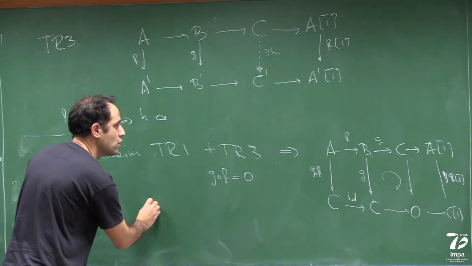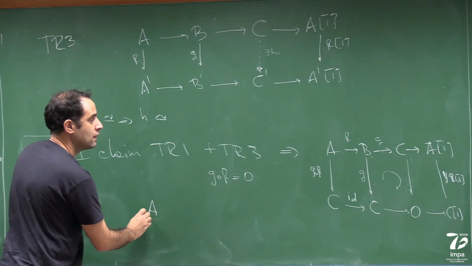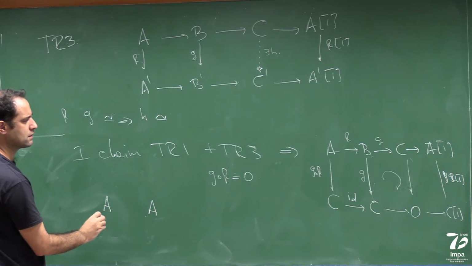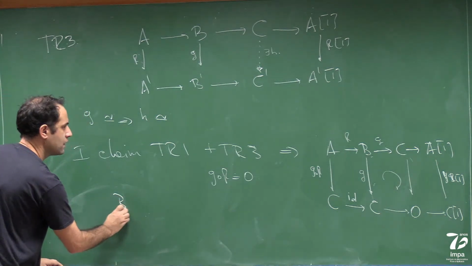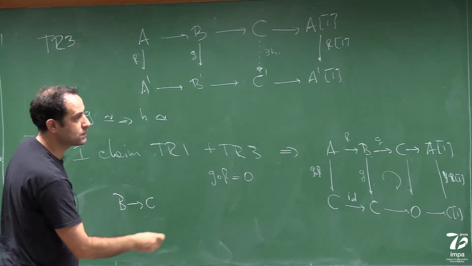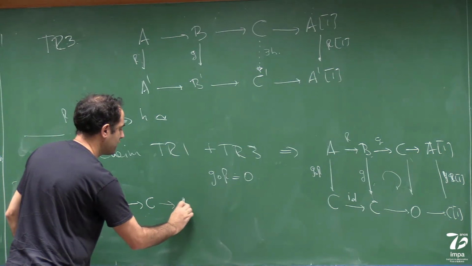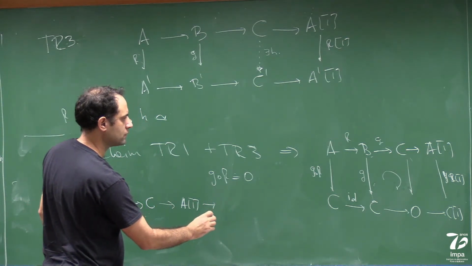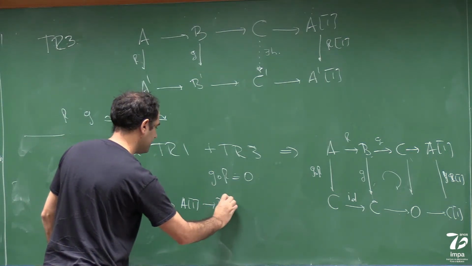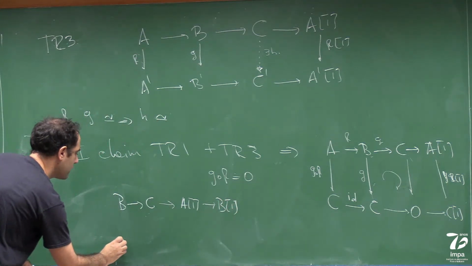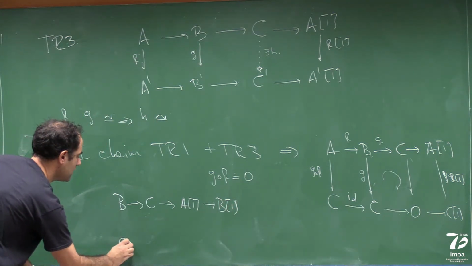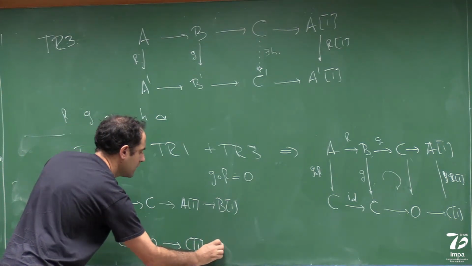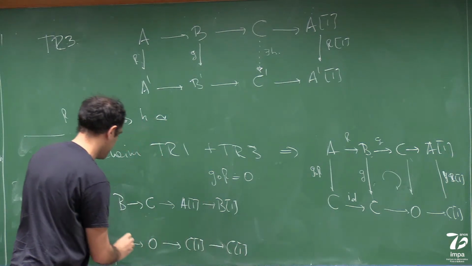So that you're looking at B into C, just exactly as TR2 says, into A shifted by 1, into B shifted by 1, and here I'm looking at C into 0, into C shifted by 1, into C shifted by 1.